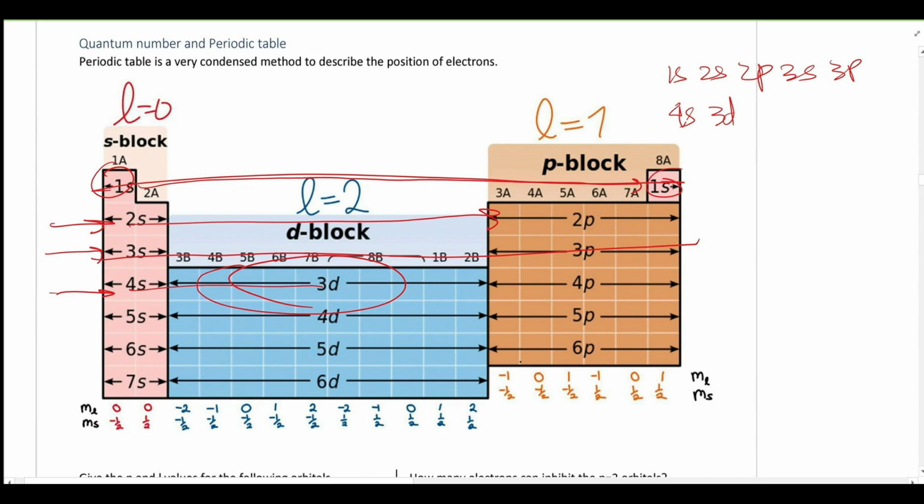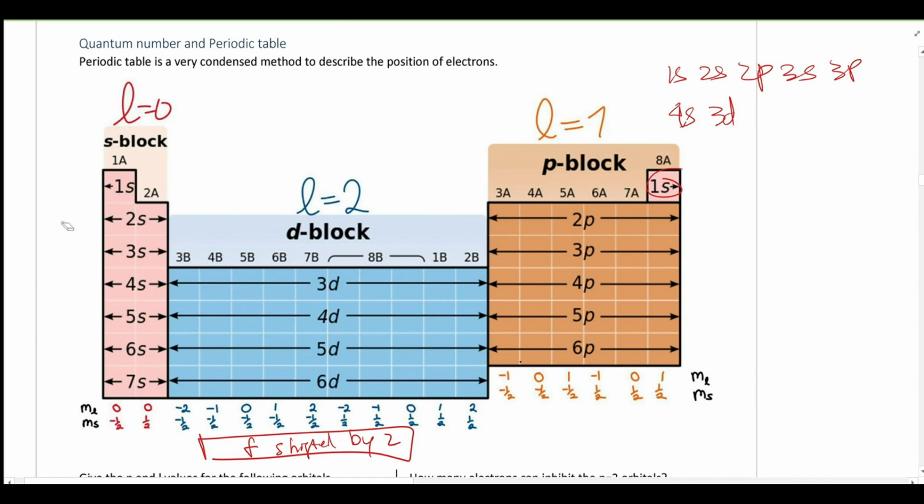The Aufbau principle, if you forget about it, look at the periodic table. As long as you remember the s orbital is shifted by 2, and then there's going to be the f orbitals and the g orbitals as well. Let me clarify this again. The d block is shifted by 1.